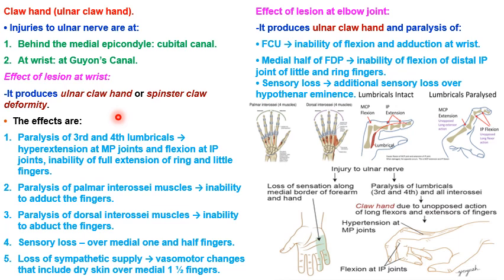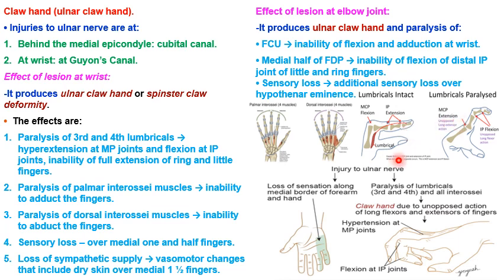as a main feature, which is due to the paralysis of third and fourth lumbricals, where there is hyperextension seen at metacarpophalangeal joints and flexion at interphalangeal joints. So normally the function of the lumbrical is flexion at the metacarpophalangeal joint and extension at the interphalangeal joint.